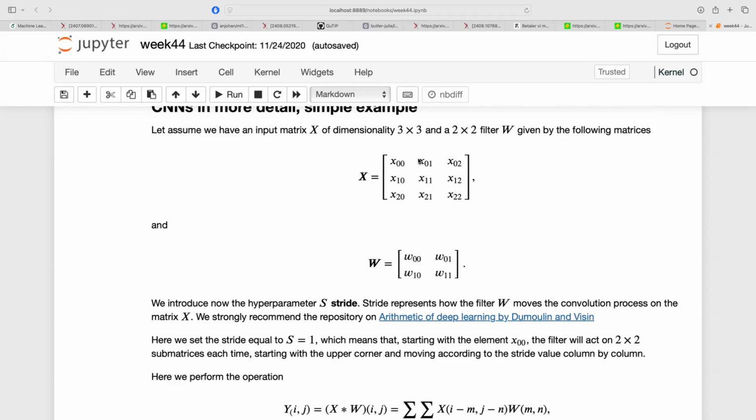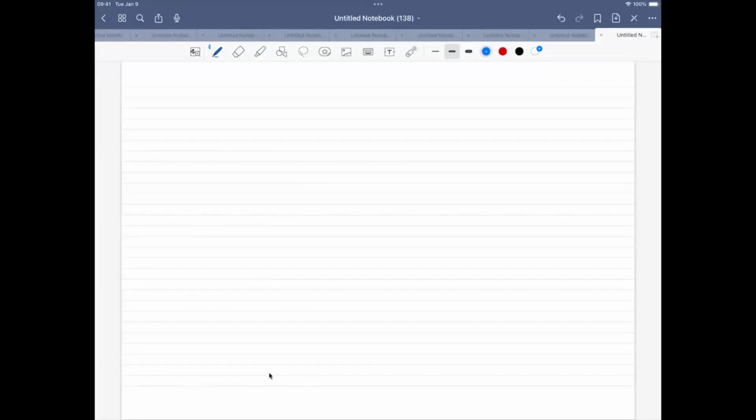So let's go back to the whiteboard and set up this example, so that you get it correctly. If you look at this example which we had, we have a matrix which has elements x00, x01, x02, and then x10, x20.